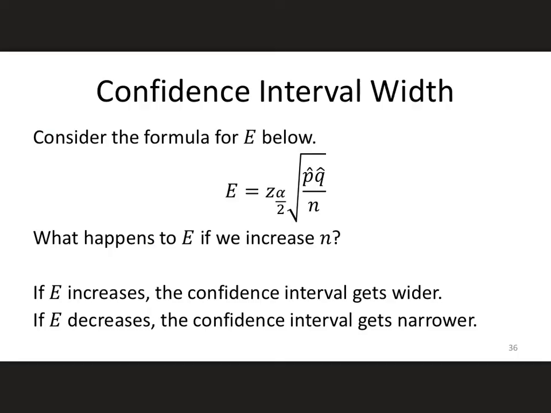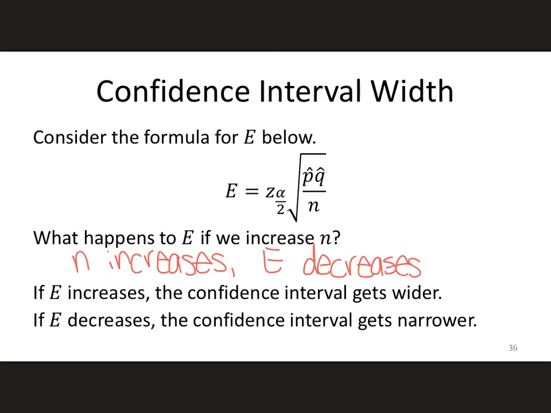What you should have noticed in the previous slide is that as we increase n, E decreases. So if E increases, then the confidence interval is going to be wider. If E decreases, the confidence interval is going to get narrower, right? Because that's your piece that you're adding and subtracting to your P hat.